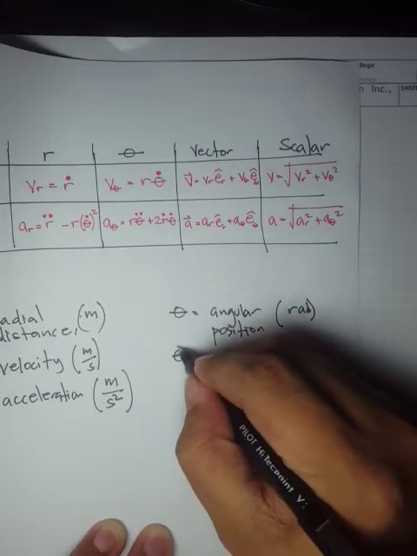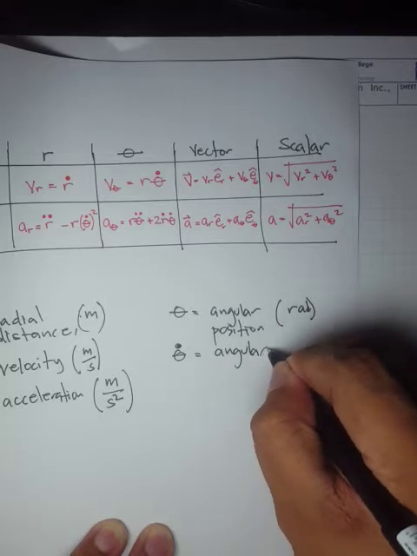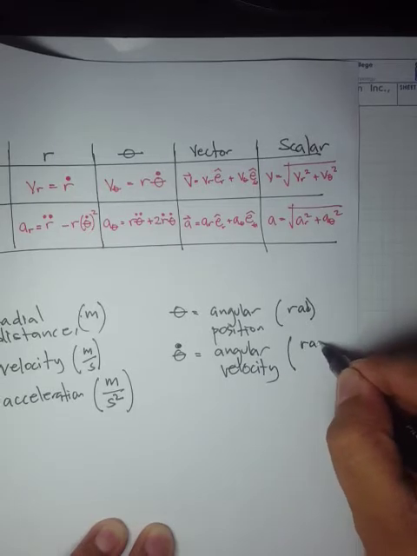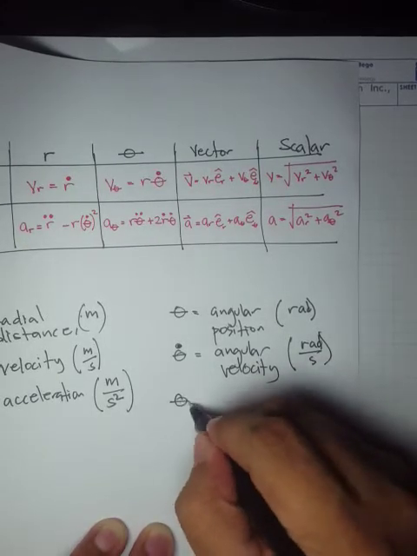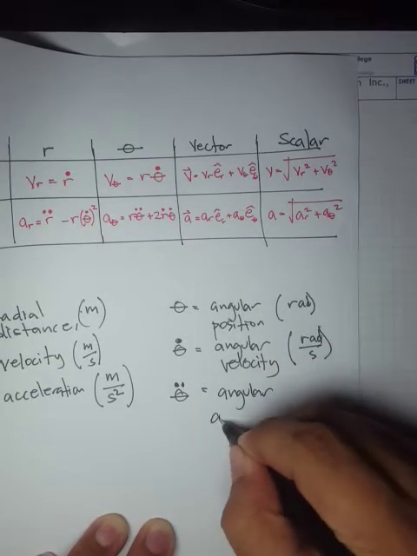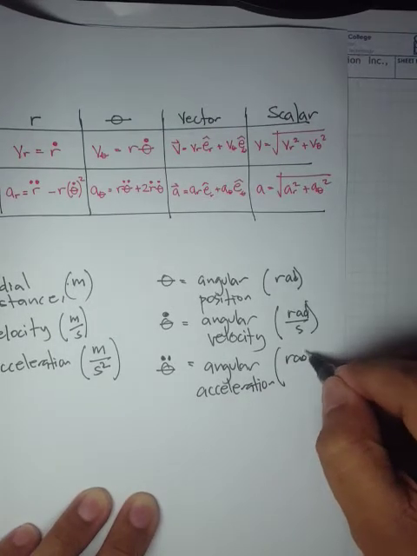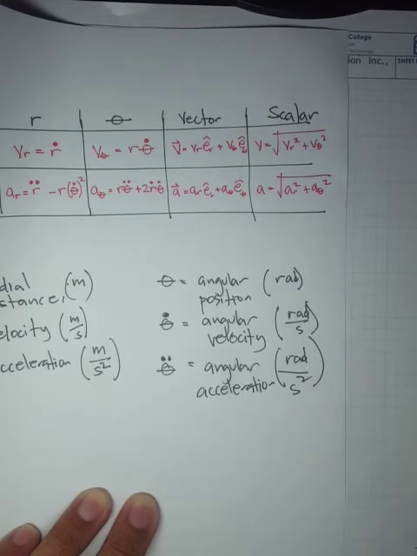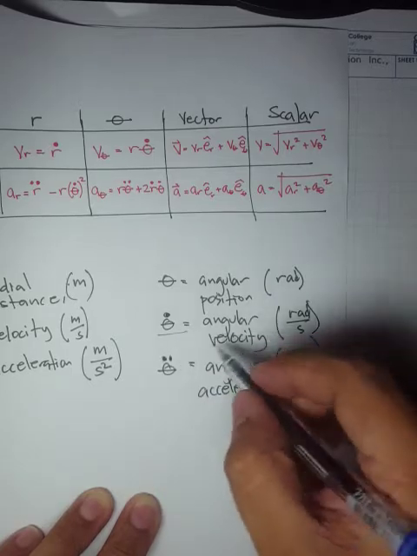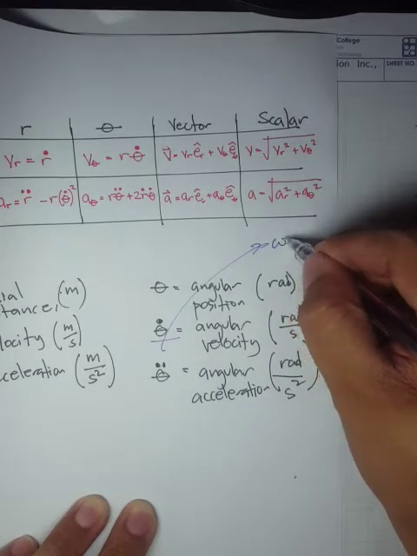Theta dot is angular velocity, and the unit would be radians per second. Theta double dot is angular acceleration, and the unit would be radians per second squared. Sometimes in some references, instead of using theta dot, they use the symbol omega.